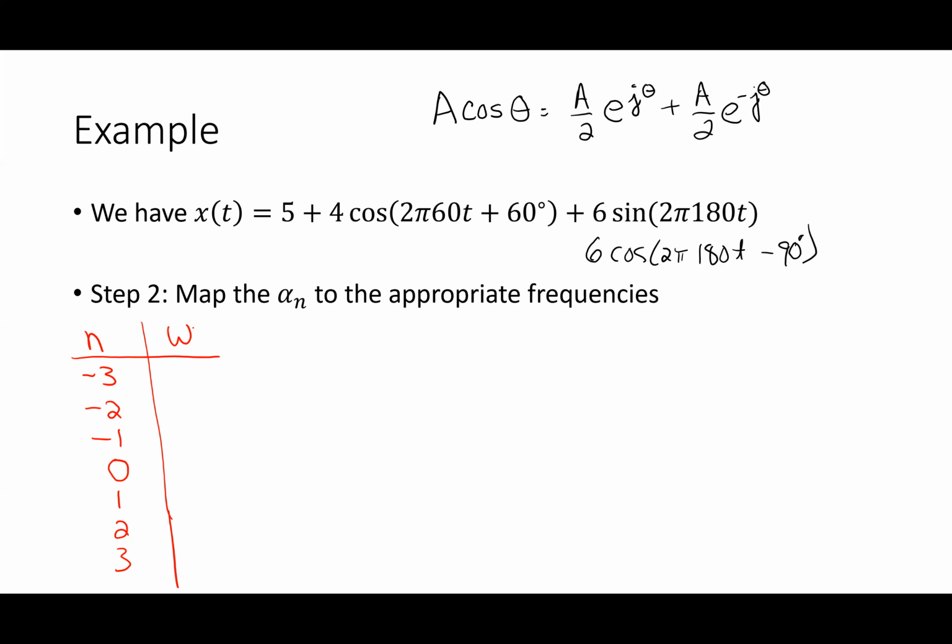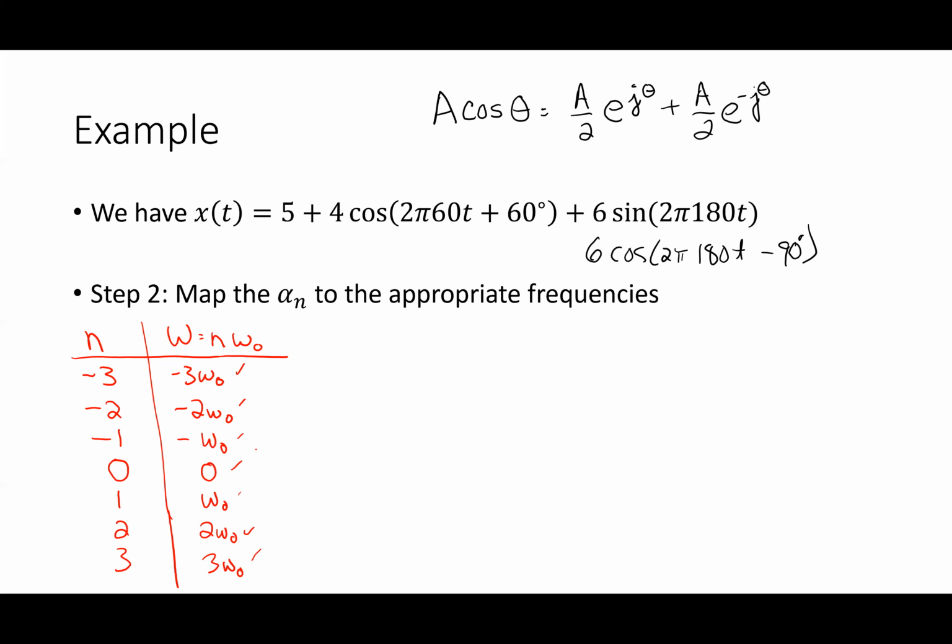The cosines in these waveforms are harmonically related, integer multiples of each other, so the omega values are n times omega naught. So we have -3 omega naught, -2 omega naught, negative omega naught, 0, omega naught, 2 omega naught, and 3 omega naught. Remember, this term and this term combine to create a cosine at 3 omega naught. This term and this term combine to create a cosine at 2 omega naught. This one and this one create a cosine at omega naught, and this guy creates a DC term.